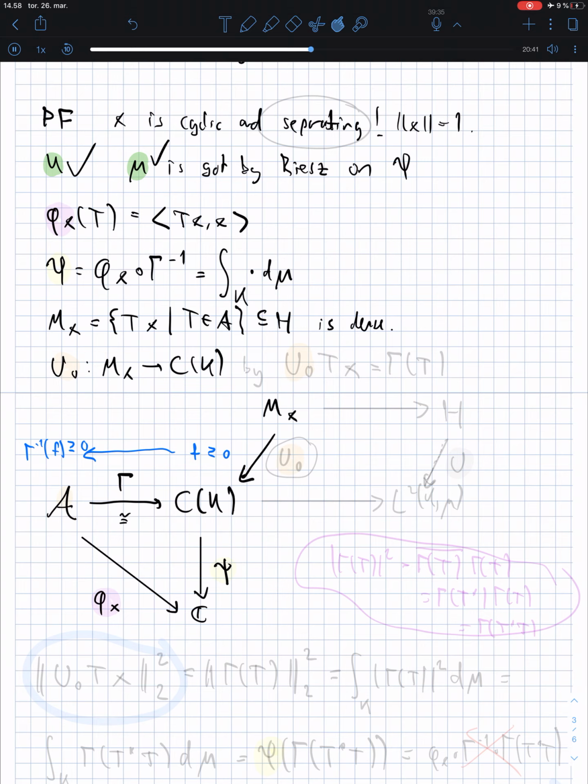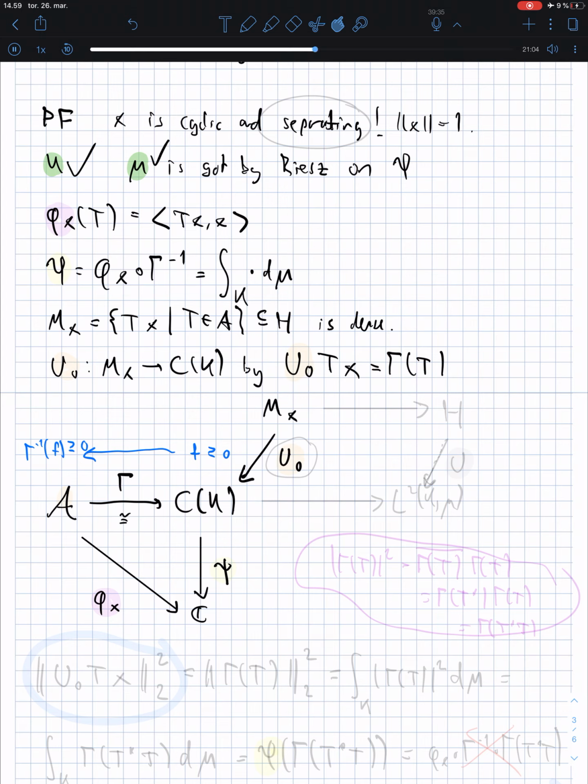So that's defined in this direction here. How am I going to define it? Well, u naught of tx is going to be the Gelfand transform of t. Okay, so this is the map I'm calling u naught.